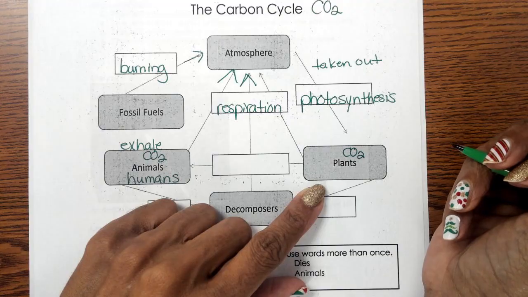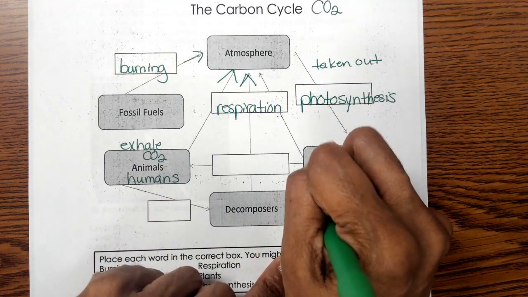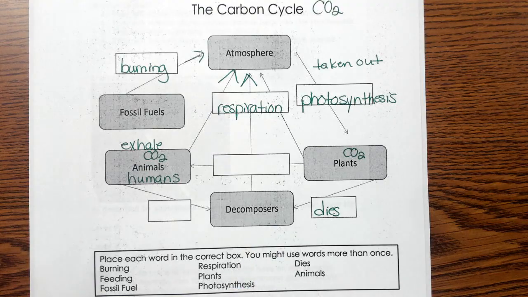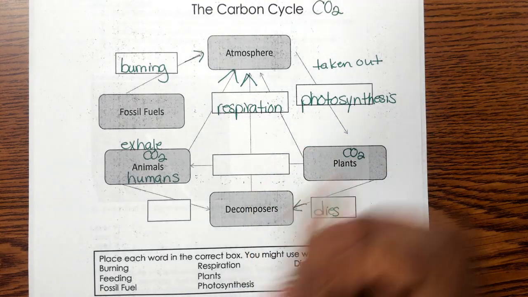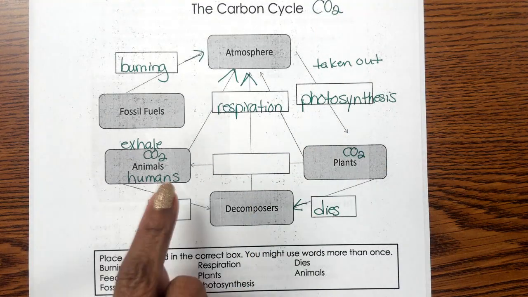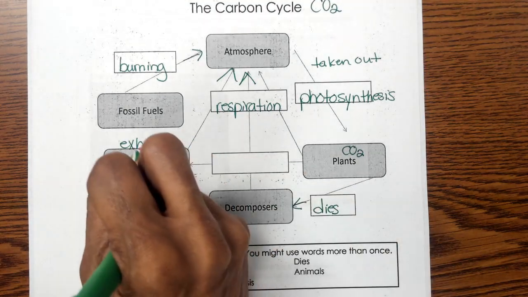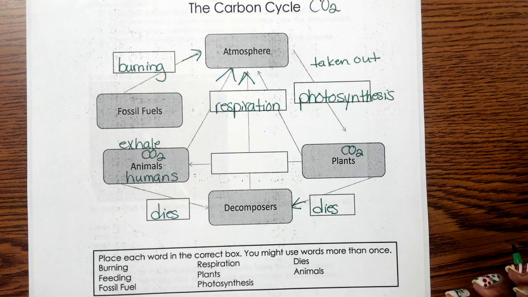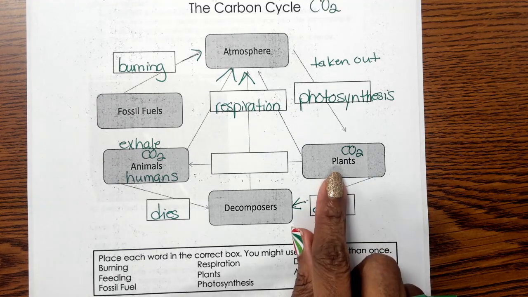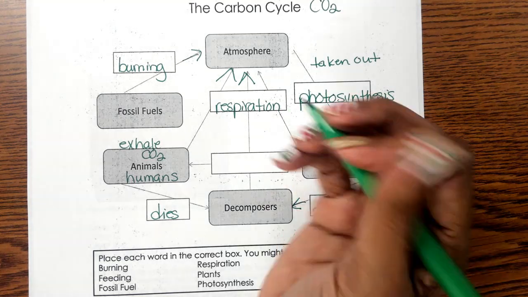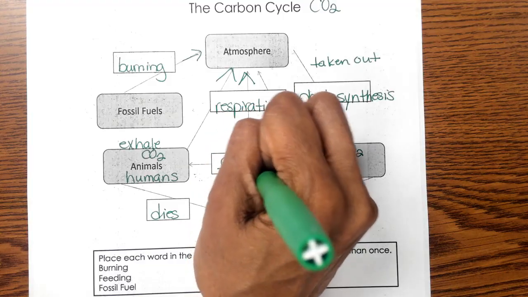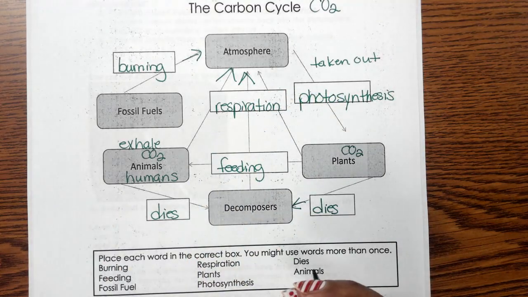Also, when a plant dies, it puts CO2 back into the soil. And also, when an animal dies, it puts CO2 back into the soil. Okay. And then also, if animals eat plants, that's another way that CO2 is taken out of the atmosphere.